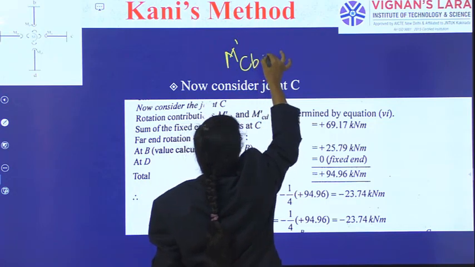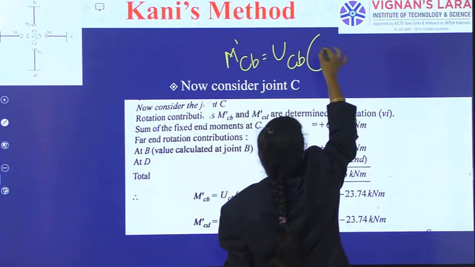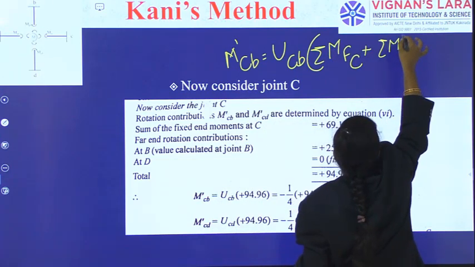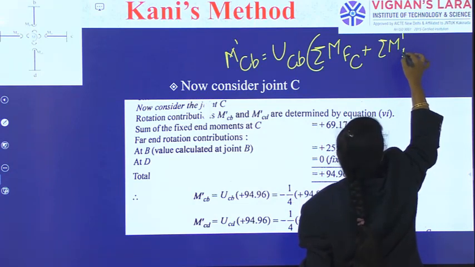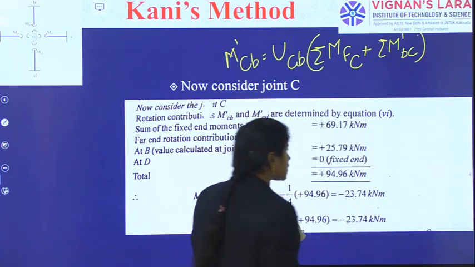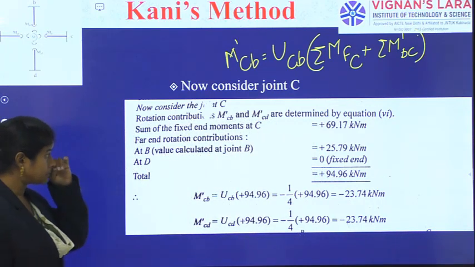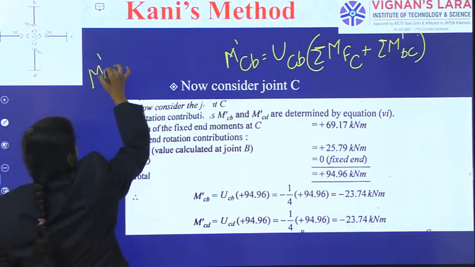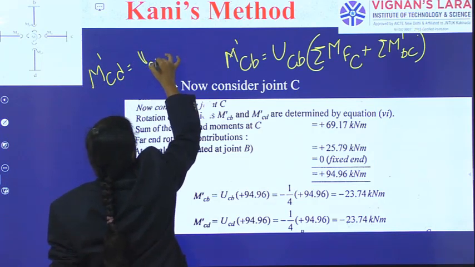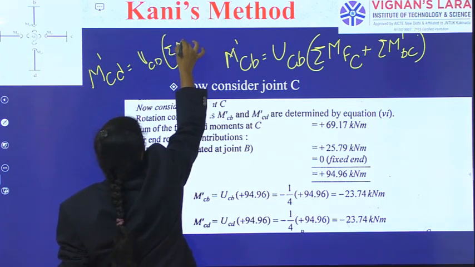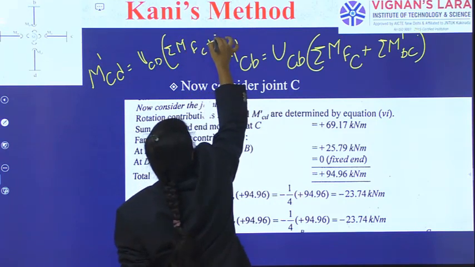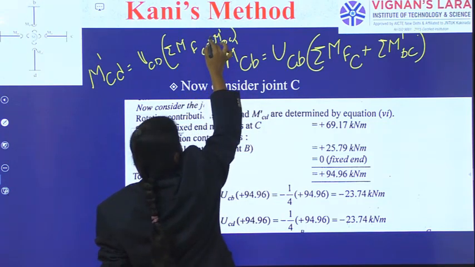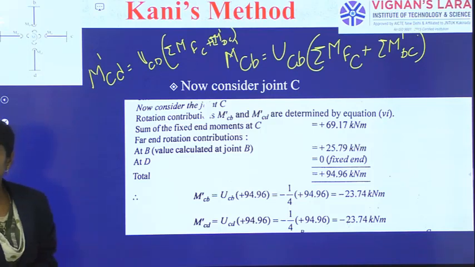M dash CB is equal to UCB into the summation of the fixed end moments at C plus the summation of the far end moments at C. Similarly, M dash CD is equal to UCD into sigma MFC plus sigma M dash DC.